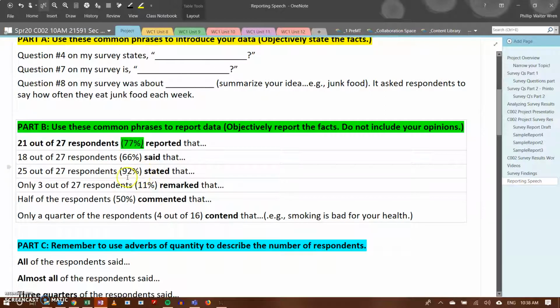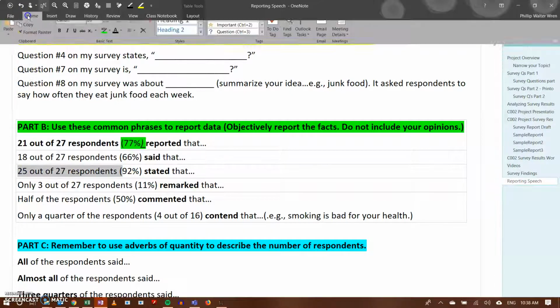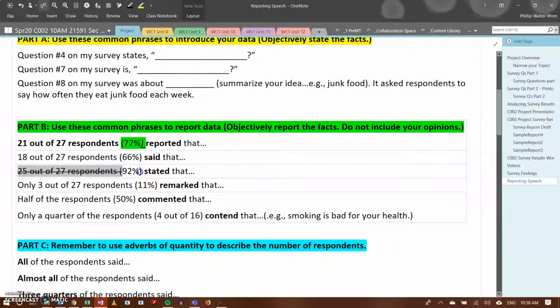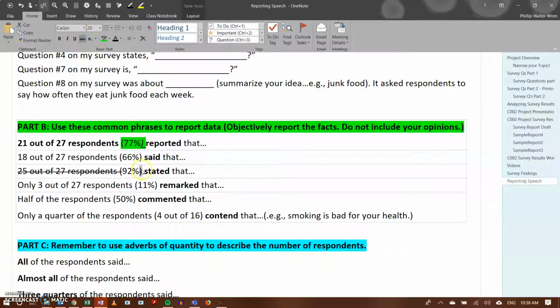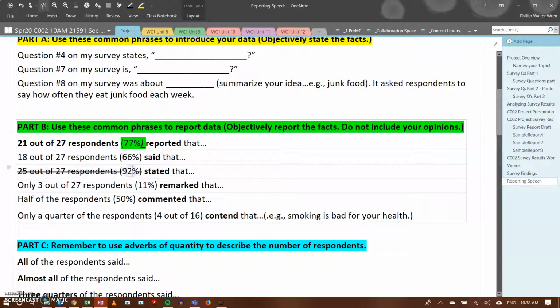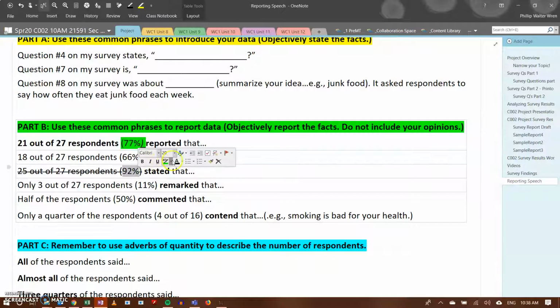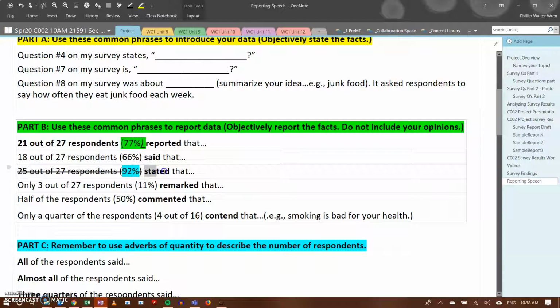Now, if you want, we can say percentages for these things. I'm going to go through here, and I'm going to strike this out so that you know it's a little different. Strikeout. Now, if I just want to tell you the percentage and make a sentence with only the percentage, I say, without parentheses, 92% of the respondents stated that.